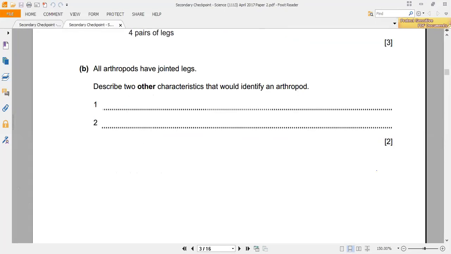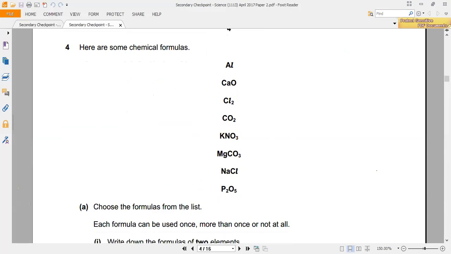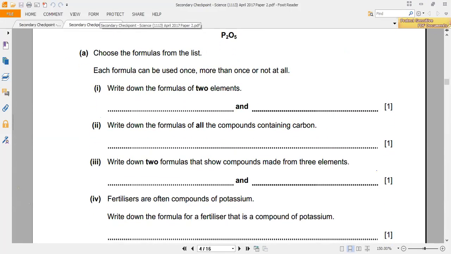Back to questions. We have question number 4. Here are some chemical formulas: Al, CaO, Cl2, CO2, KNO3, MgCO3, and NaCl, B2O4O5. Choose the formulas from the list. Each formula can be used once, more than once, or not at all.